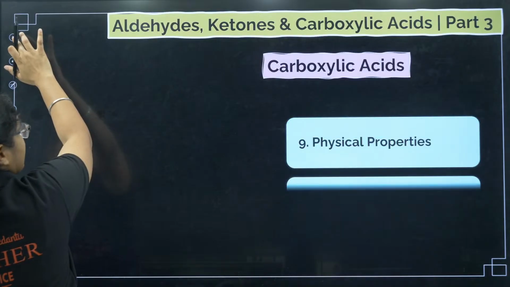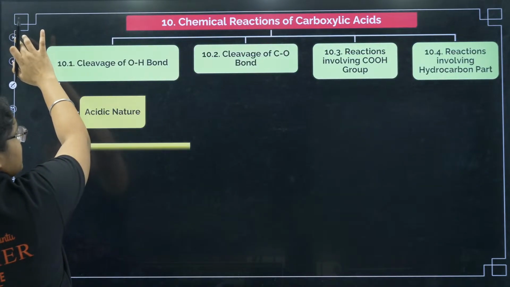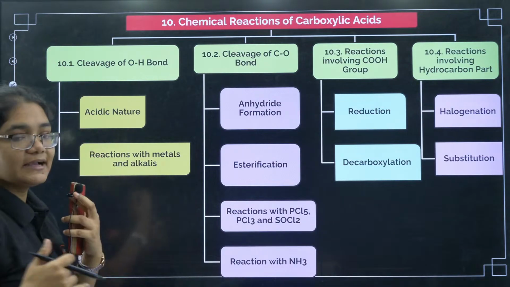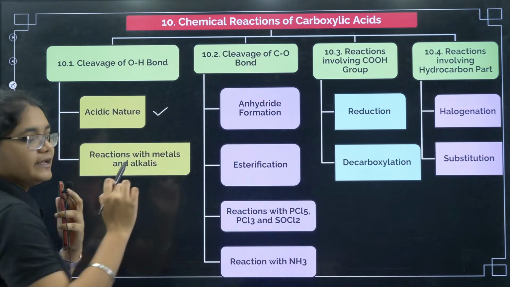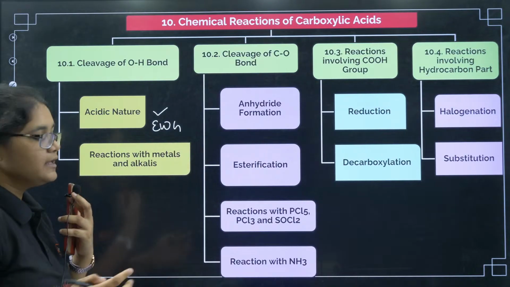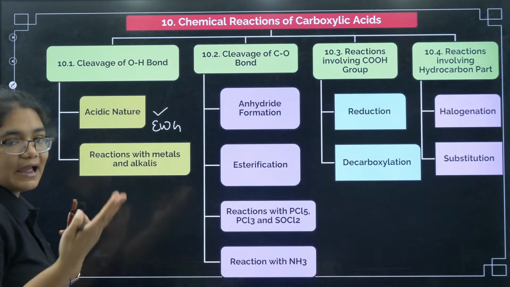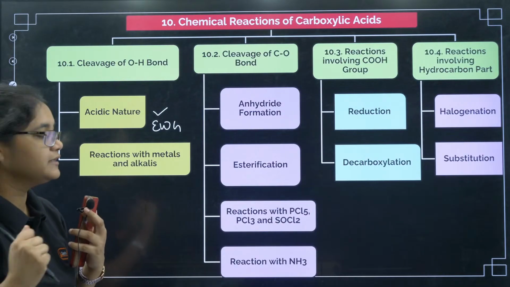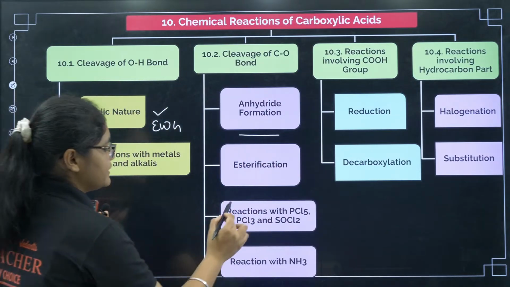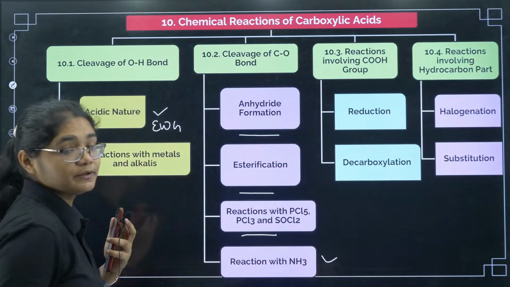Next we have chemical reactions of acids. The first one is acidic nature. Here you should know that electron withdrawing group will increase the acidity. Reactions with metals and alkalis are also there. Like how alcohols react, you will get salt plus hydrogen gas. Next we have anhydride formation, then esterification, reactions with PCl3, PCl5, SOCl2, reactions with ammonia.